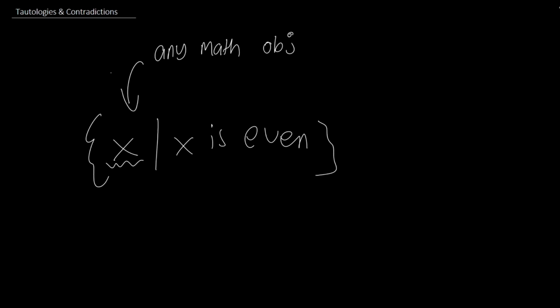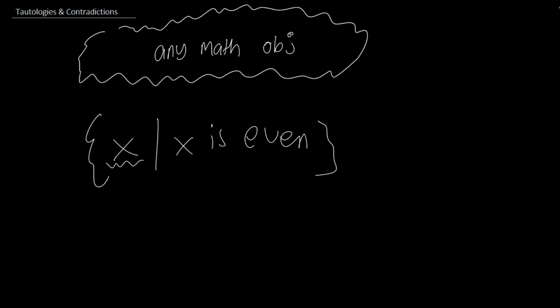So basically, we have a warehouse of mathematical objects, and we are cherry picking the ones that satisfy the condition. This huge warehouse is filled with mathematical objects: shapes, vectors, matrices, numbers, complex numbers, or anything else. And we're just cherry picking the ones that are even, right?